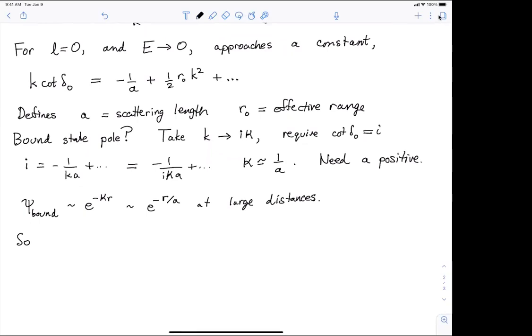Okay, so in that case, sigma 0 is 4 pi over k squared. This is something we had written down before. So it looks like that. And now we can just plug in our expansion for cotangent squared delta 0, and it looks like this.